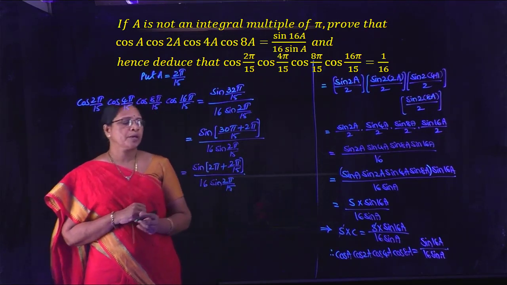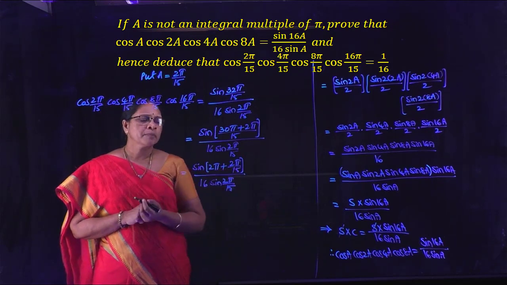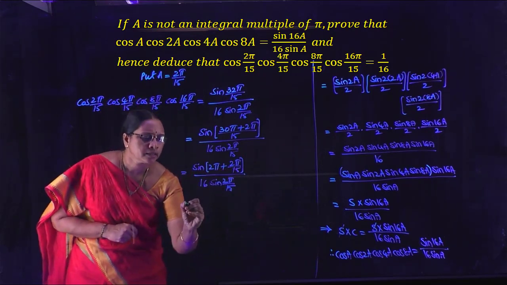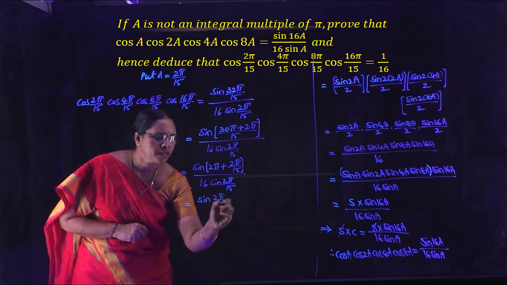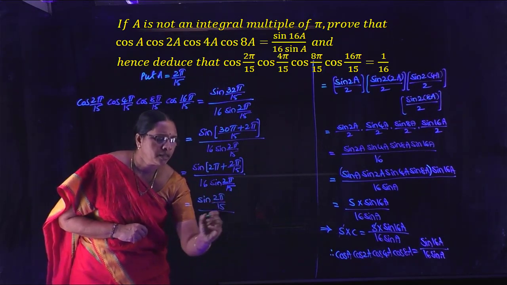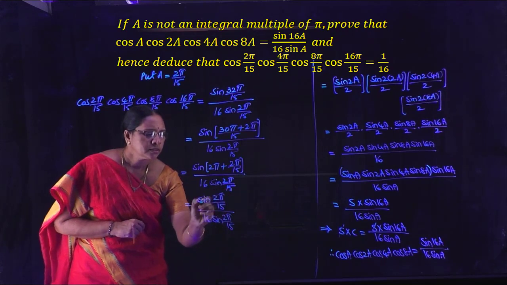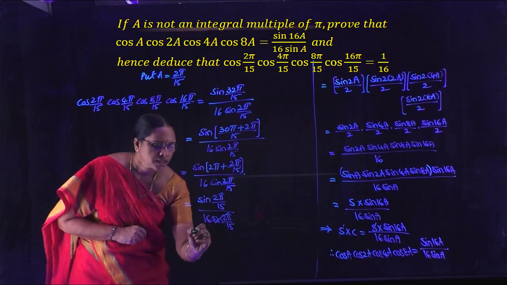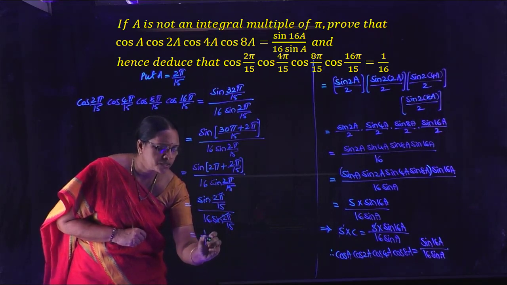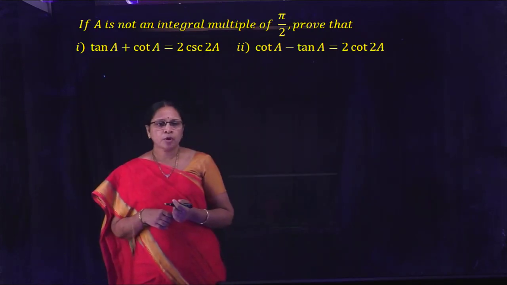Here we know that sin of 2 pi plus theta is sin theta, that is sin 2 pi by 15 by 16 sin 2 pi by 15. Here sin 2 pi by 15 gets cancelled, that is equal to 1 by 16. See the next problem.